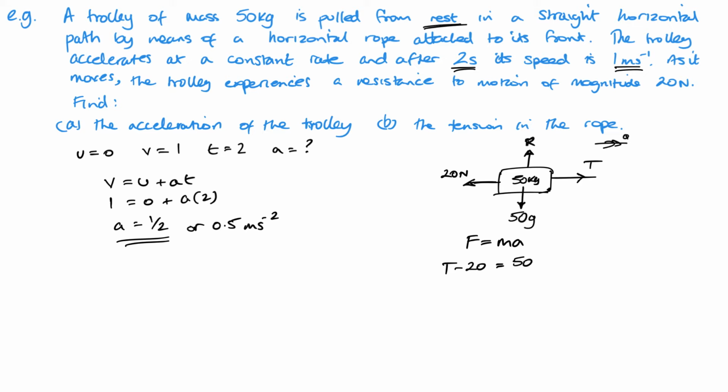My mass is 50, and we know our acceleration is 0.5. So now we've got T minus 20 equals 25. So T equals 45 newtons. So the tension in the rope has to be 45 newtons. That's essentially the same as the force that is acting in that direction.